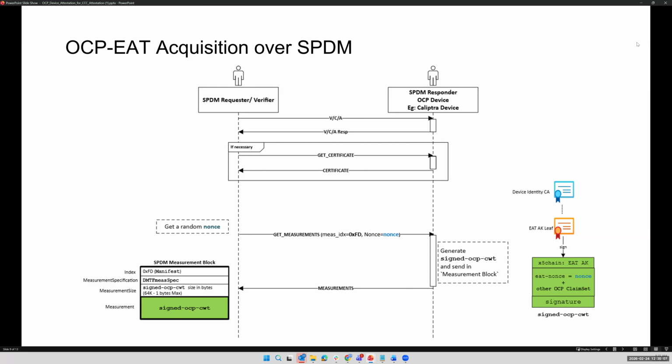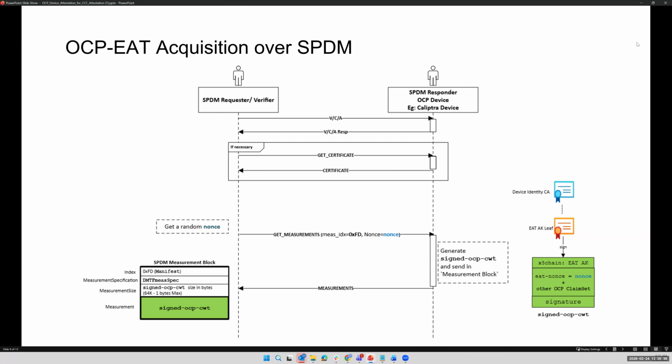On receiving this request, the OCP device would prepare the OCP claims, encode them as a CBOR encoded web token, and sign this with the EAT AK leaf, which is rooted to a device identity CA. The requester or the verifier would have this as a trust anchor in their trust anchor store. Then the measurement block is sent within the SPDM measurement.